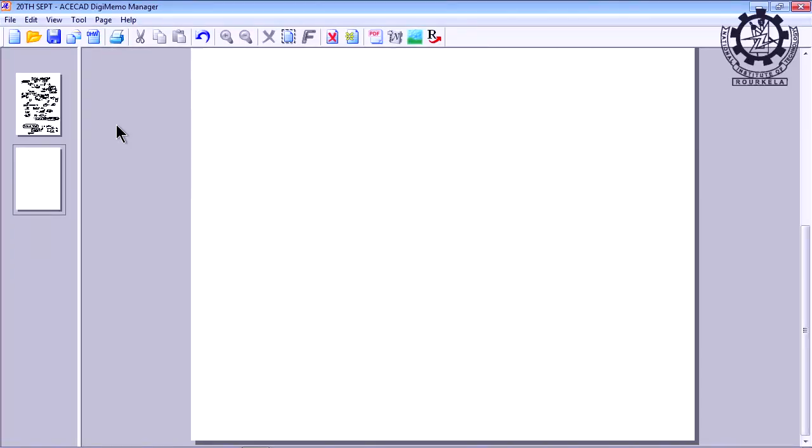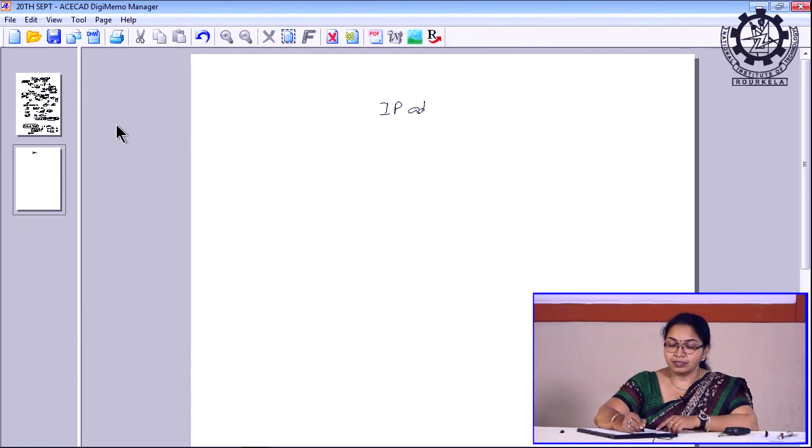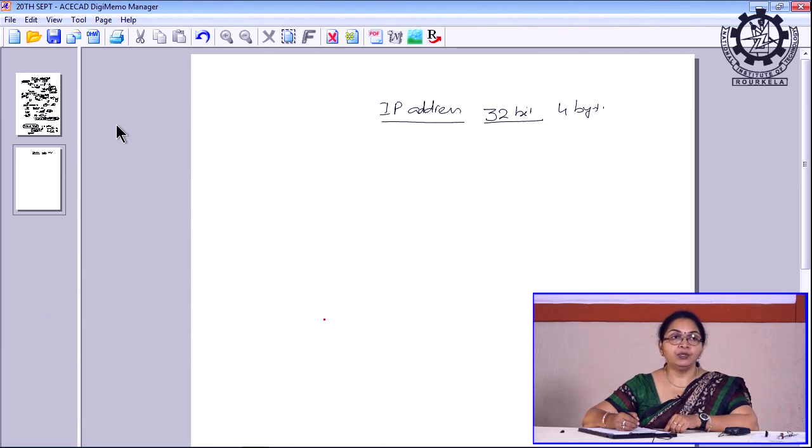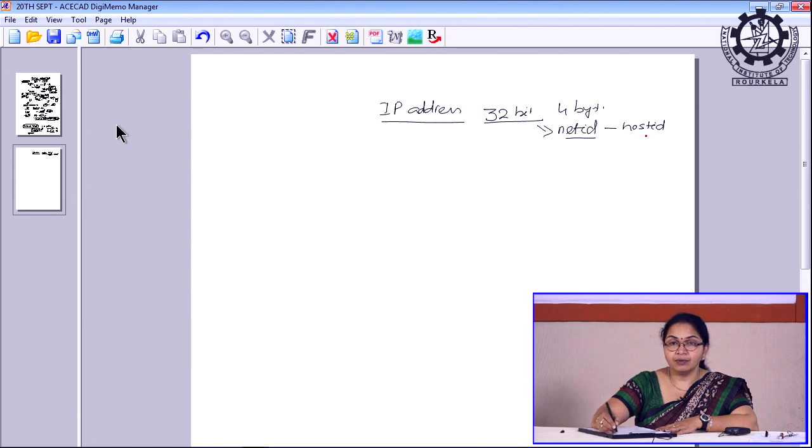This IP addressing is nothing but a 32-bit address, or what we call a 4-byte address. With this 4-byte address, we divide the address into two parts: one is the net ID, another is the host ID. What does it mean? What is net ID and what is host ID?